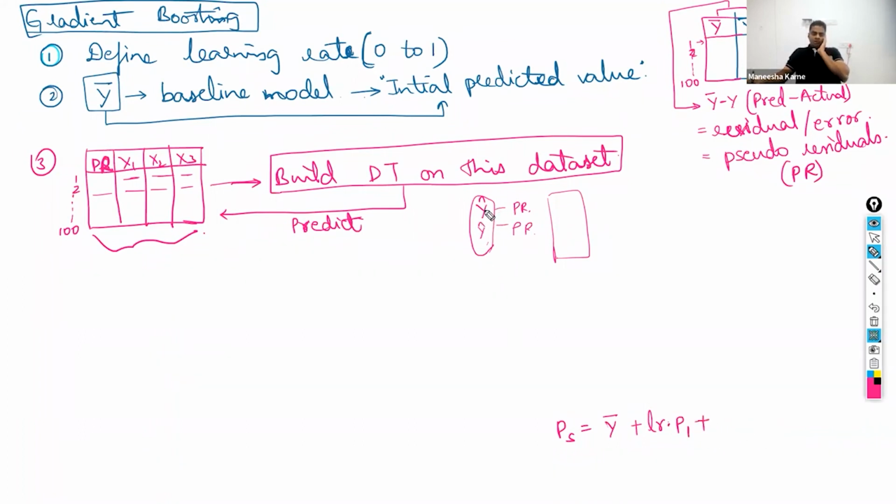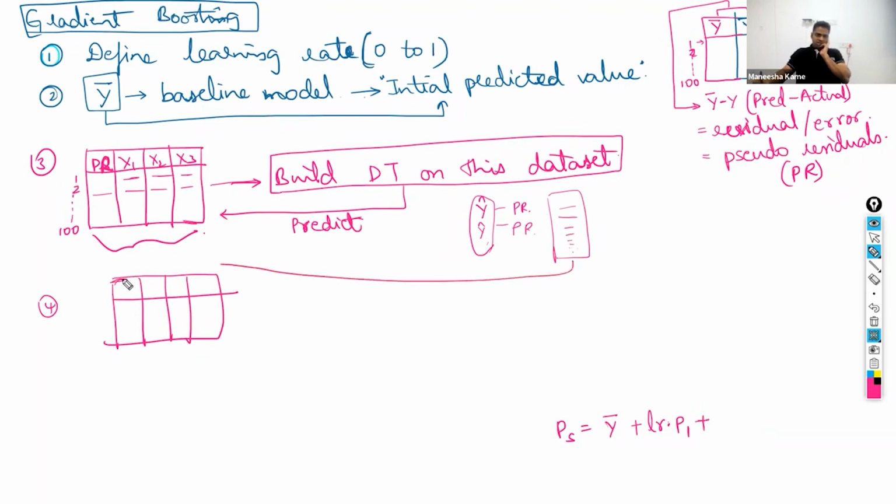Okay. So once you get all the predicted values and subtract it from the actual values, what do you get again? Residuals. Use those residuals and take the inputs from the original data set. Okay. And take these pseudo residuals, take the inputs, again build a model.